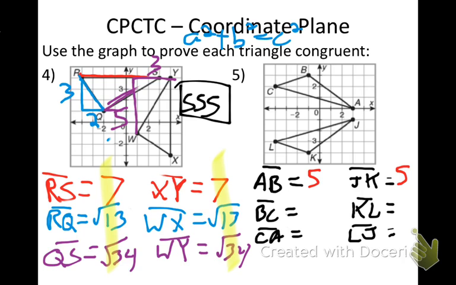So that was AB and JK. What about BC? What's the distance for BC, Tech? Square root of 10. Good. LK is what, Tech? Square root of 10. Good.